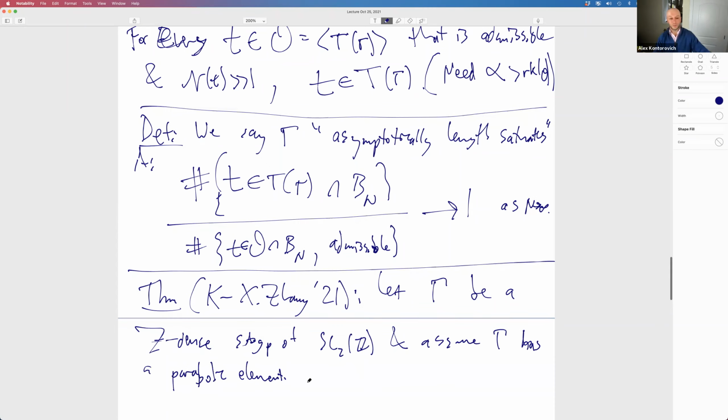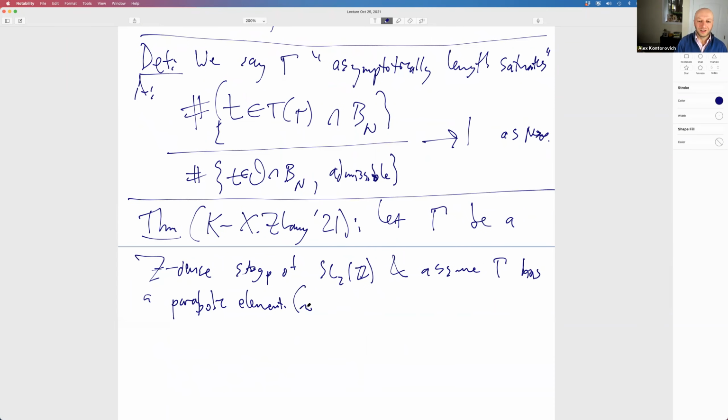So it's non-uniform. It doesn't have to be a lattice, just a Zariski dense group with a parabolic element. Then gamma asymptotically length saturates.